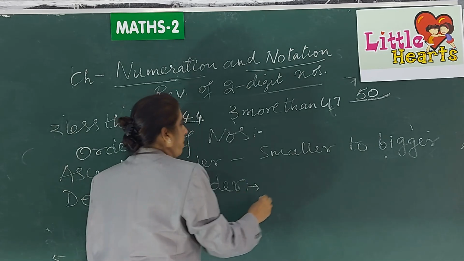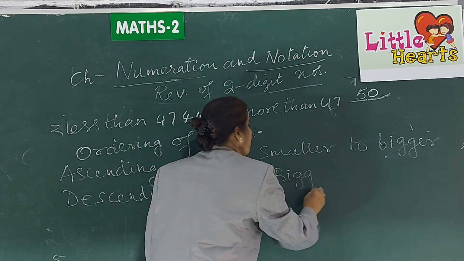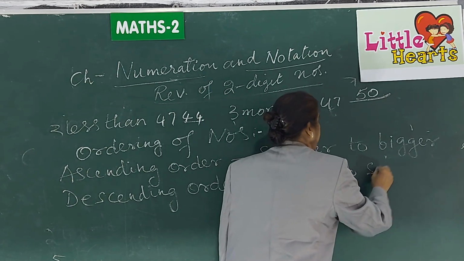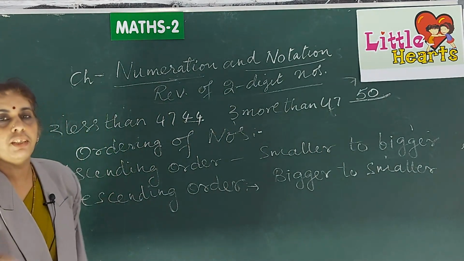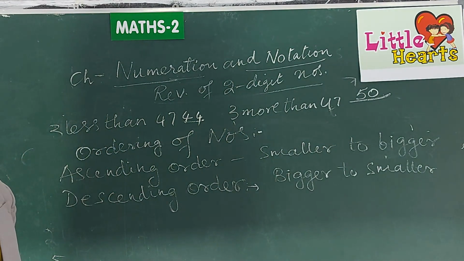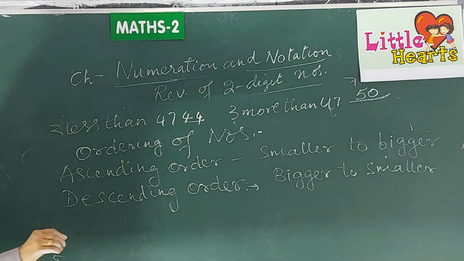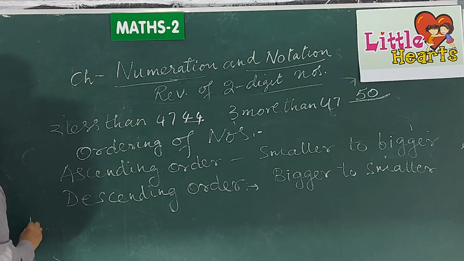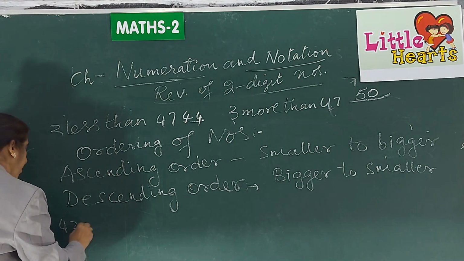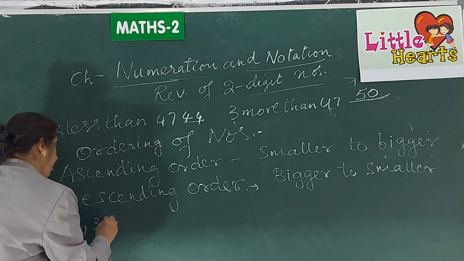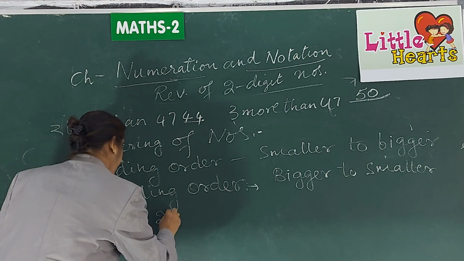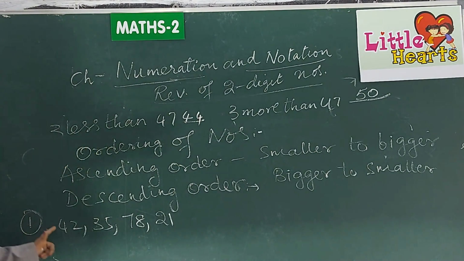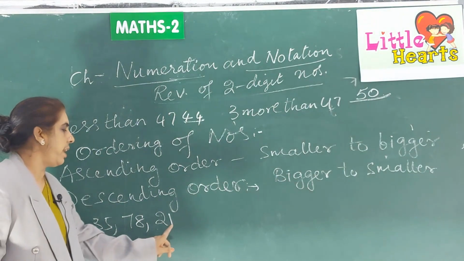And descending order is bigger to smaller. So if you know which number is big and which number is small, you can easily put a set of numbers in ascending order or descending order. Let us see the set of numbers now. So here are four numbers: 42, 35, 78 and 21.